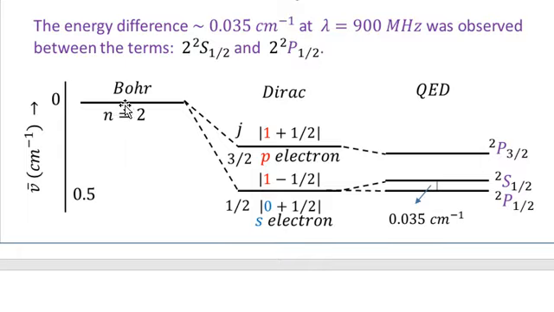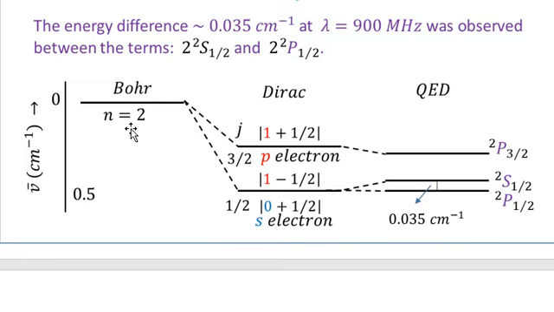So there is only one level, and if you include the Dirac, where the Dirac includes the principal energy of the hydrogen atom along with the fine structure energy, then of course the energy will depend upon the value of J. So we have J equal to 3/2, for example.